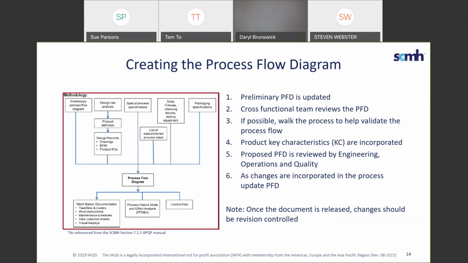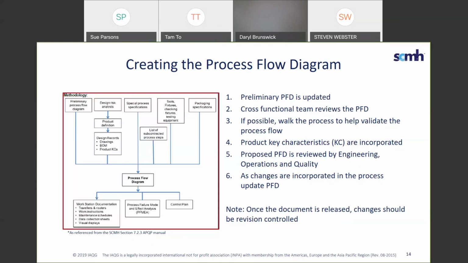And then at this point, you want to make sure that you walk the process if that's available. And if it's not available, then find the next best process to walk, because that will help you identify that hidden factory and provide a better visualization of what's happening. Then you'll take the product key characteristics and incorporate them and make sure that they're identified.